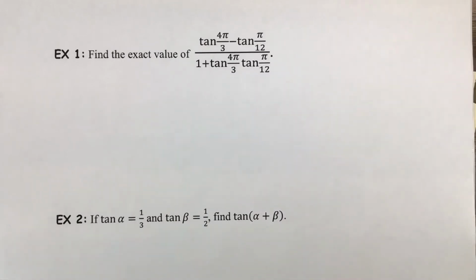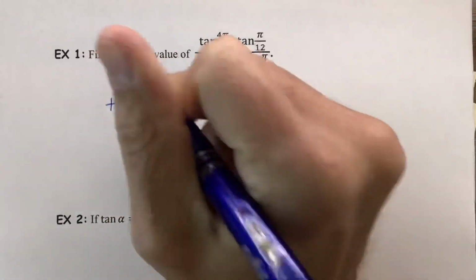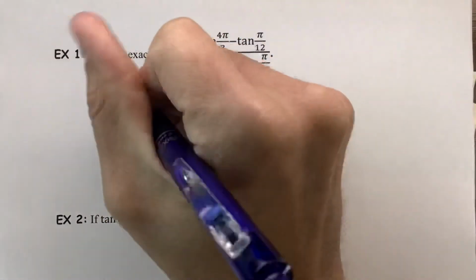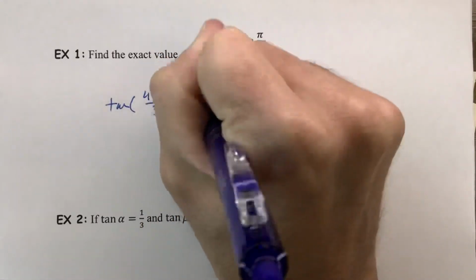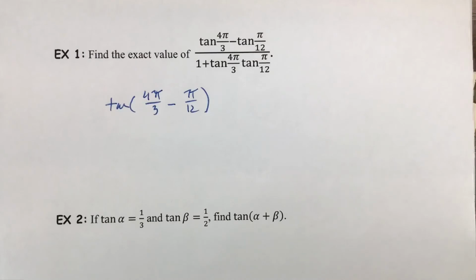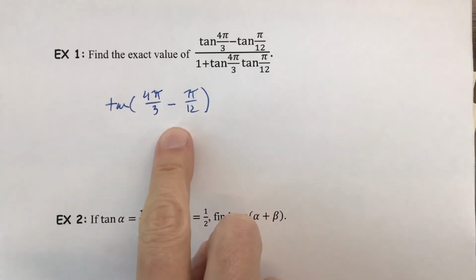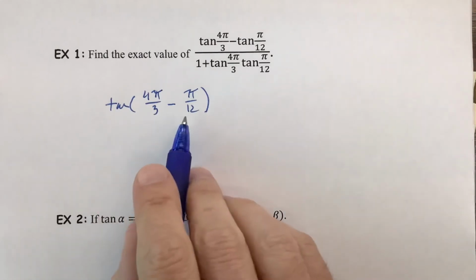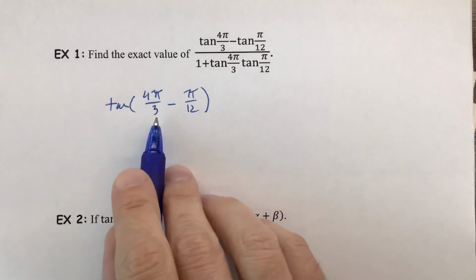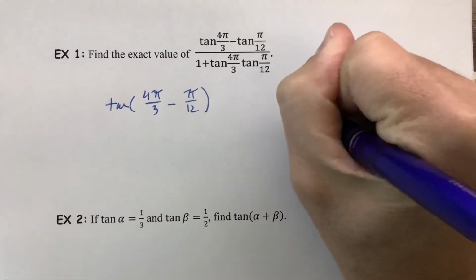So this whole massive expression can actually be simplified as the tangent of alpha minus beta, which will be 4 pi over 3 minus pi over 12. Okay, so that's actually what we need to work on. And since we have both of the angle measurements, we can go ahead and subtract them. We can figure out what that is as a single angle. Okay, let's do that as a little bit of side work. We are going to need a common denominator, which will be 12, so we can go ahead and keep this fraction.